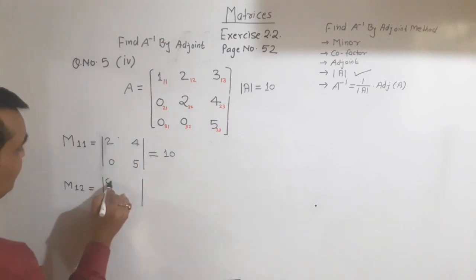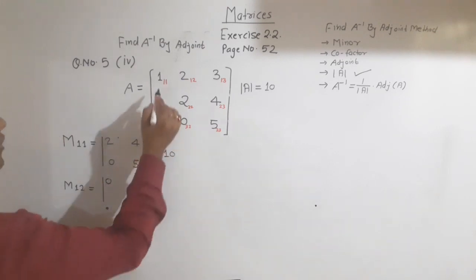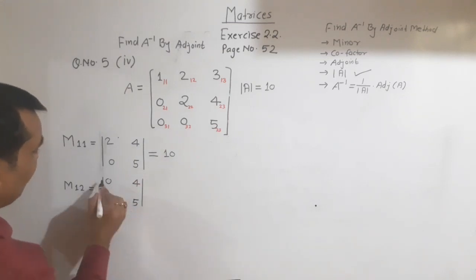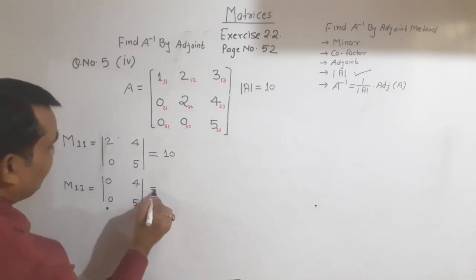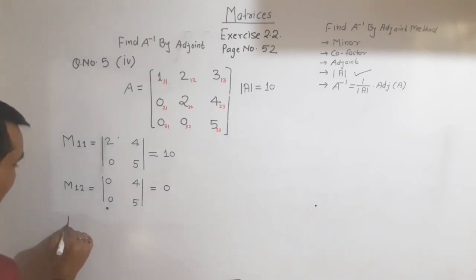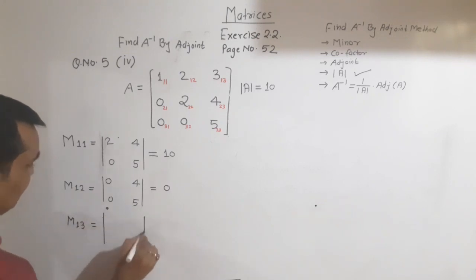So it's 0 4 0 5, which gives 0. Come on, M13, 13.